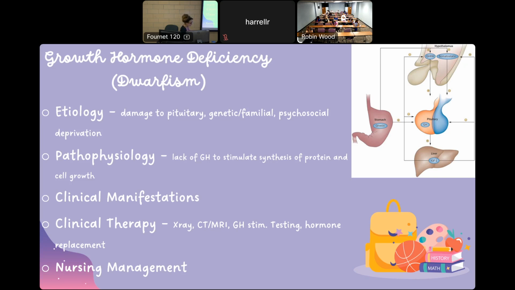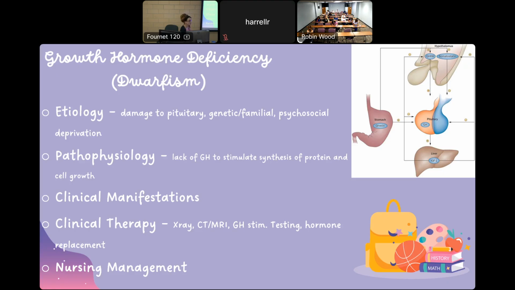So big thing here, any kid who's falling off the normal growth chart should be worked up and referred to a pediatric endocrinologist. They'll do some diagnostic tests. They can test their insulin-like growth factors. They can test their growth hormone levels.